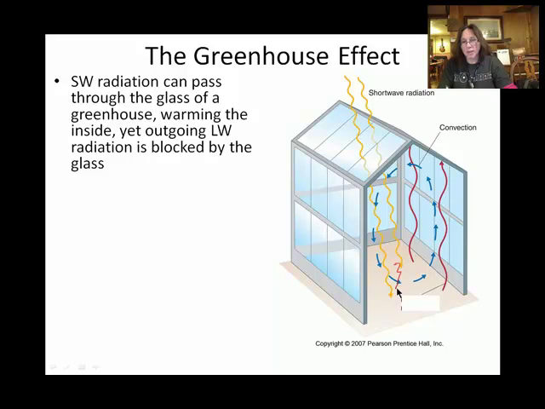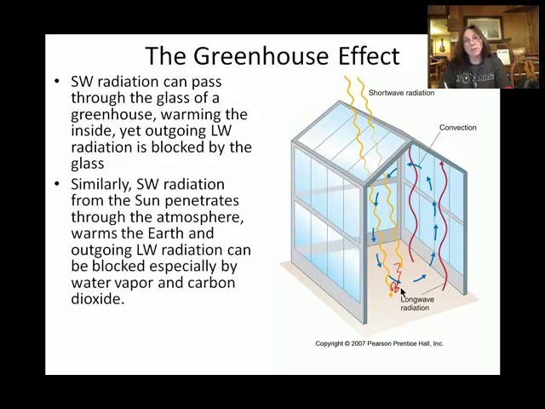As it interacts with the inside of the greenhouse, it will be converted into long wave radiation, i.e. infrared radiation. And the thing about the glass panels is, although they let shortwave radiation in, they will not let long wave radiation out. It's a very similar thing that happens in your car on a sunny day with your windows up.